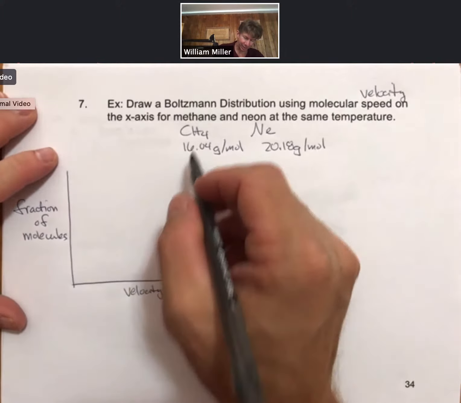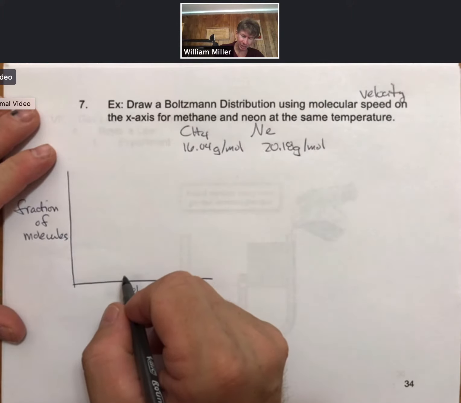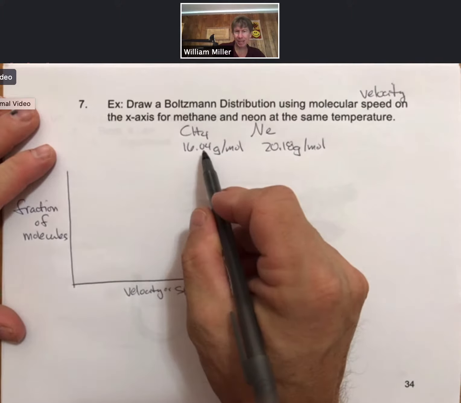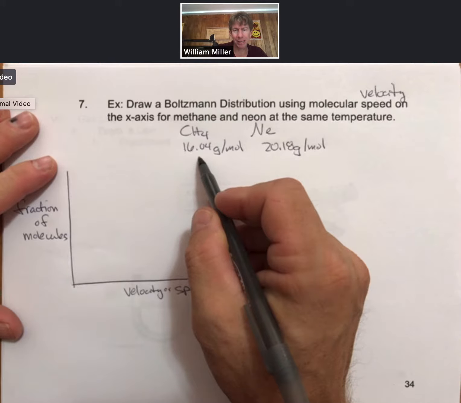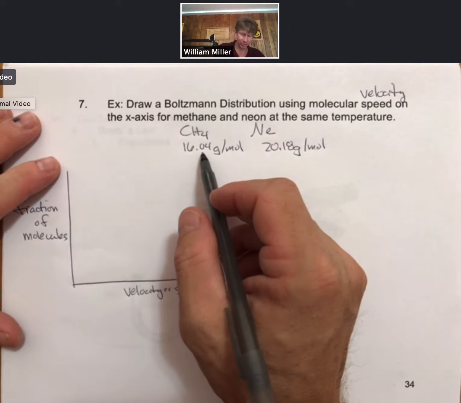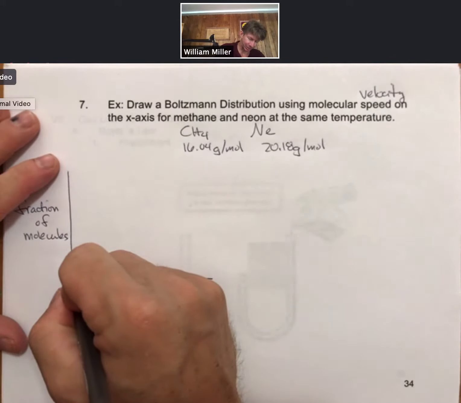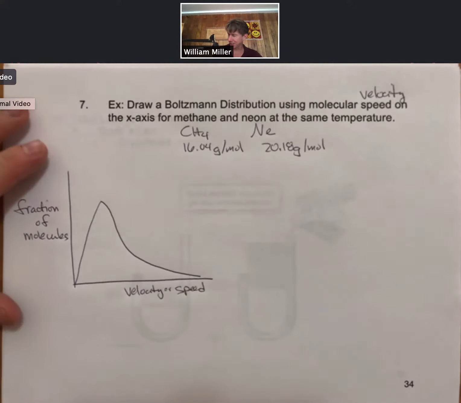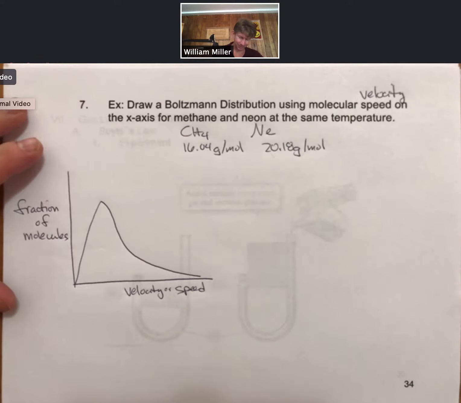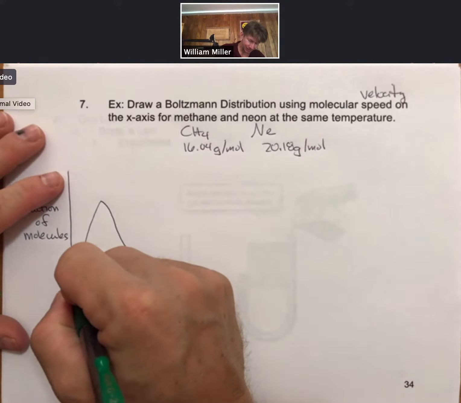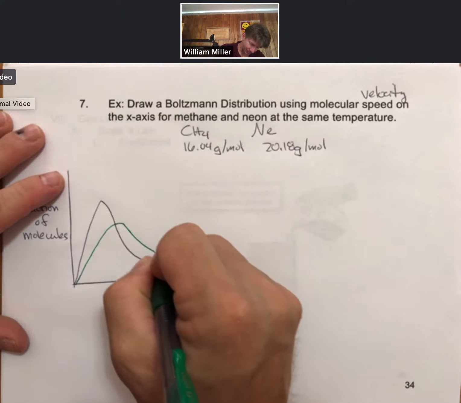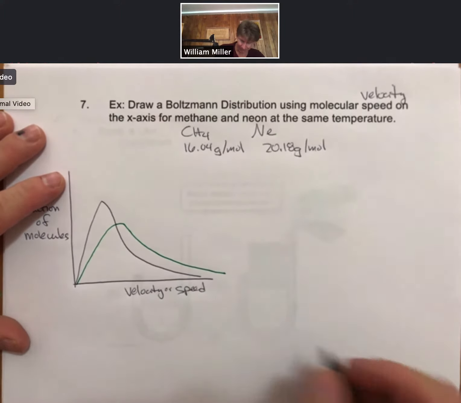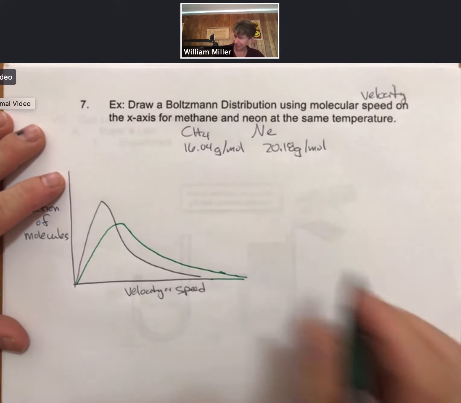I'll do methane first, and all we need to know is that since methane has a smaller mass, each particle and a mole of it incidentally, then it's going to be, oh, that's a terrible one. It's not supposed to be nearly that sharp, but it will do. And this has to go all the way back to the x-axis.